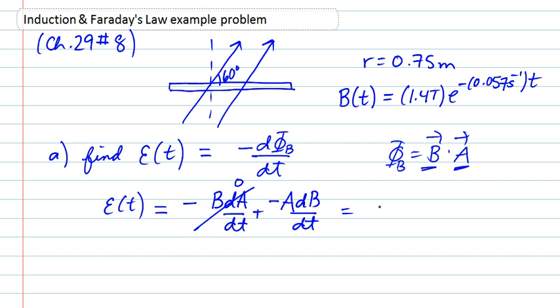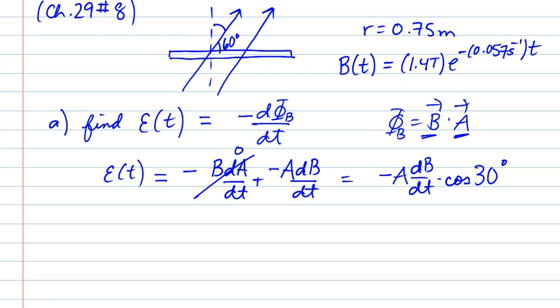So we just need to calculate negative A dB dt, but let's not forget we also have a cosine of the angle between the normal and the field, so cosine of 30 degrees. So we'll plop that in there.